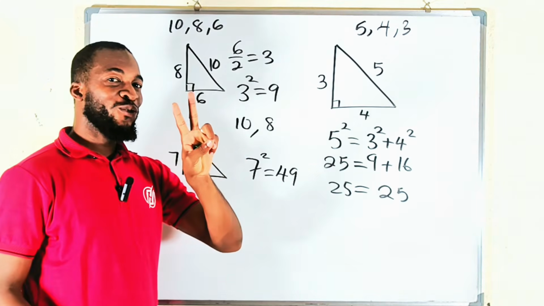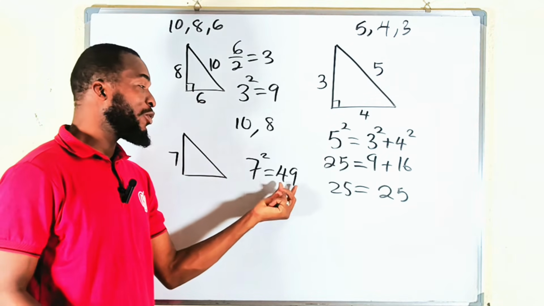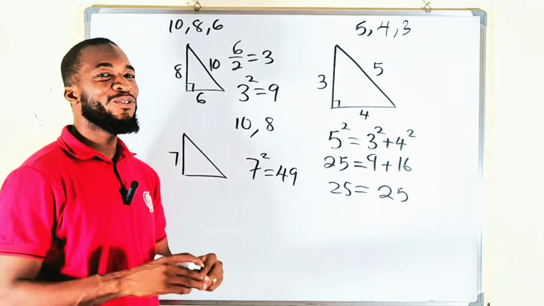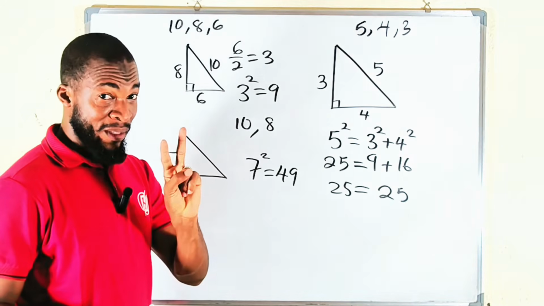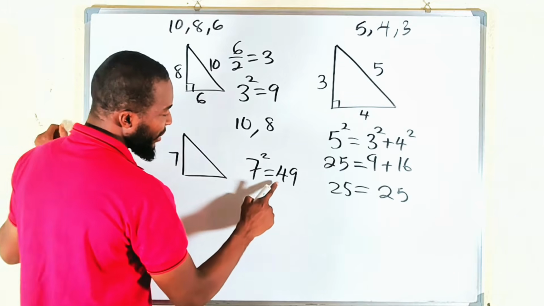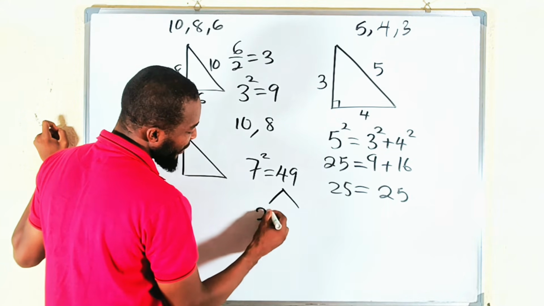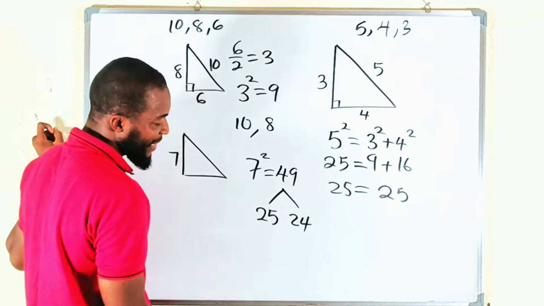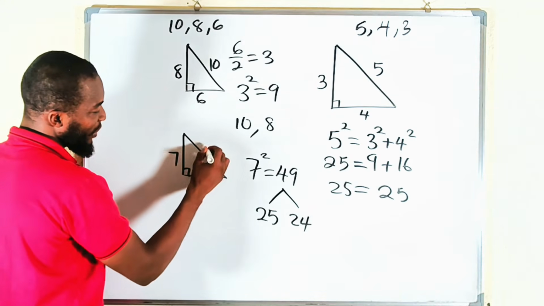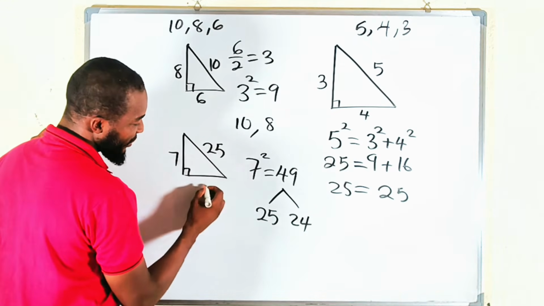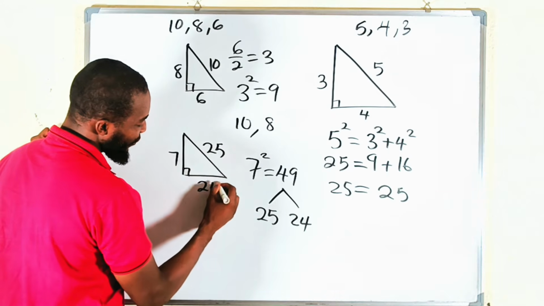Instead, find 2 numbers you can add to get 49, but make sure those 2 numbers are consecutive. All right. The consecutive numbers you can add to get 49 are 25 and 24. So the longest side should be 25 and the shorter side should be 24.